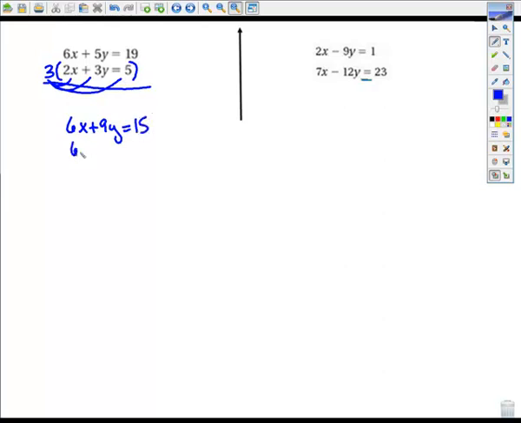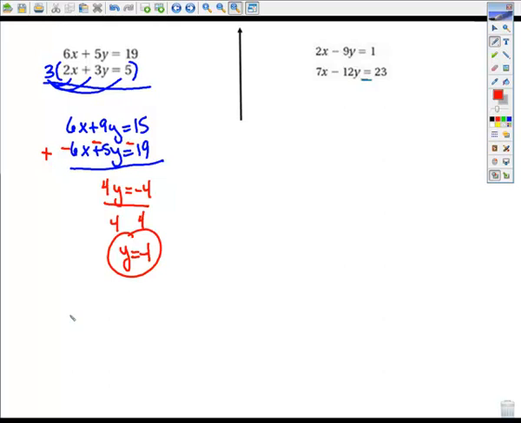And I'm going to rewrite the other one right underneath it. I will eliminate the x's. They're exactly the same, so I have to add the opposite. The x's have eliminated. 9y and negative 5y is 4y. 15 and negative 19 is negative 4. Divide by the 4, and y equals negative 1.